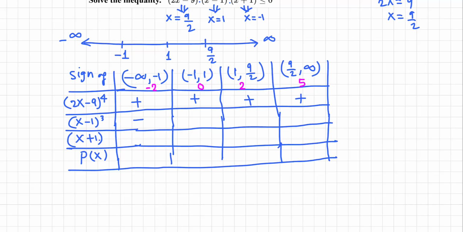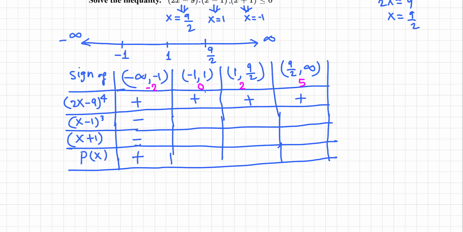Negative 2 plus 1 is negative. So this one is always positive. At negative 2, this one is negative and this one is negative, so negative times negative is positive. But we want p(x) to be less than or equal to 0. So this interval is not in the solution.